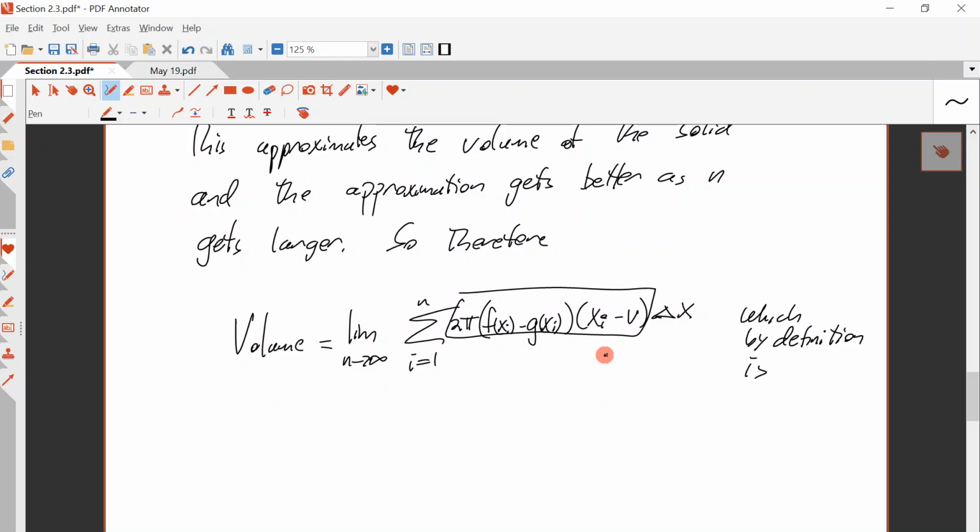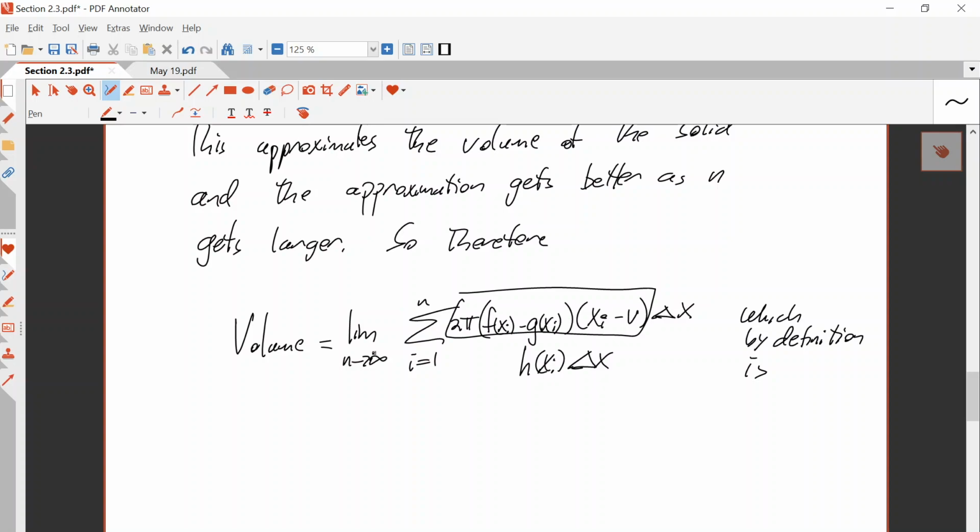Right? A function of xi, so this is some function, h(xi) times delta x, summing up the xi's and letting n go to infinity. It's the integral of h from a to b, as before. So you see that? We've used the integral in several different ways. We have the classic area calculation, the area between two curves, volumes by slicing, and now volumes by shells.